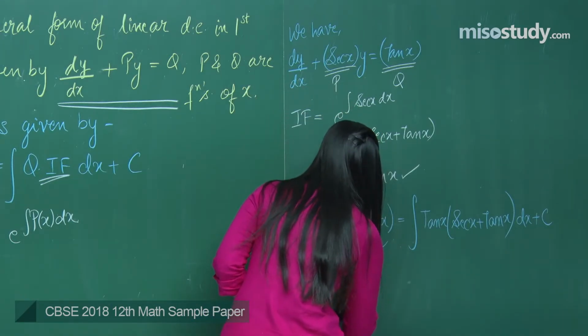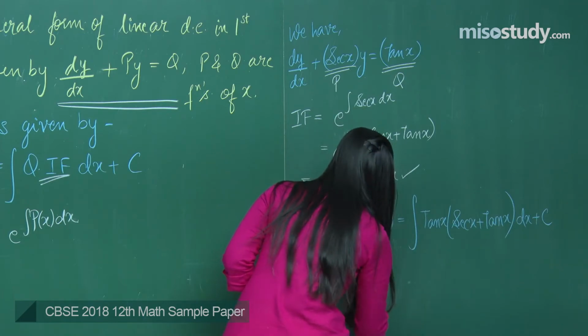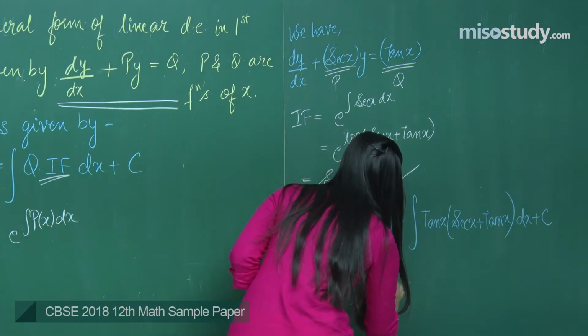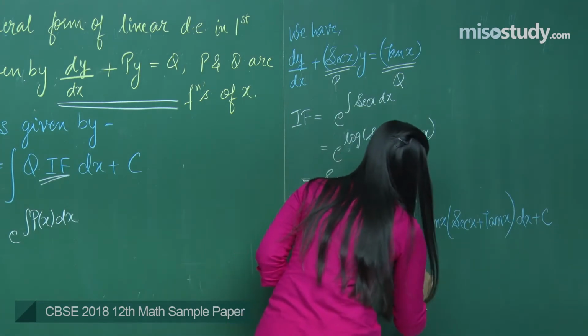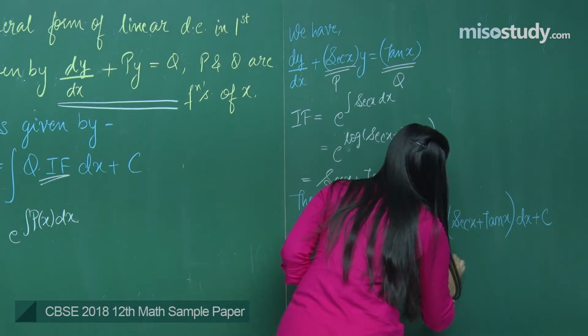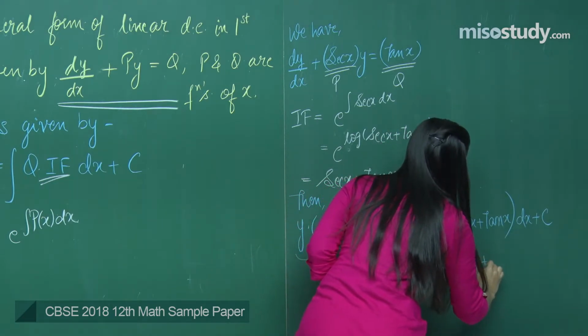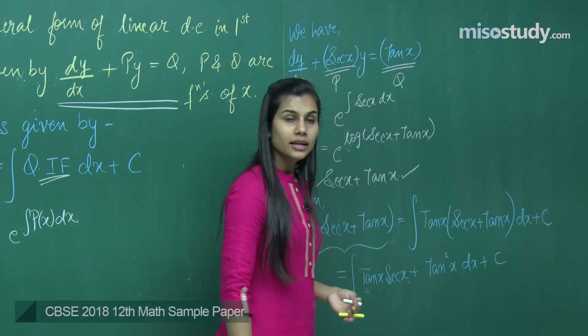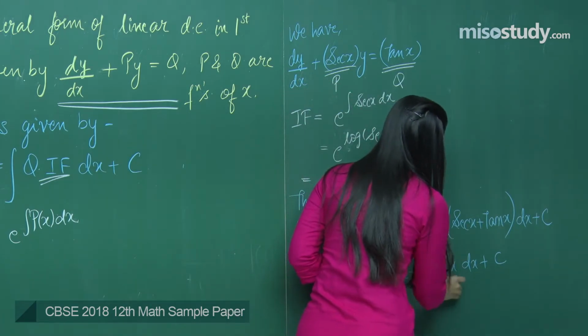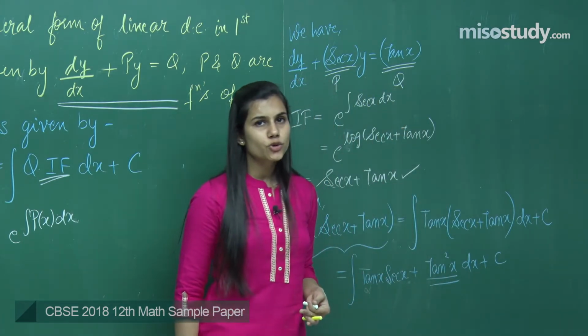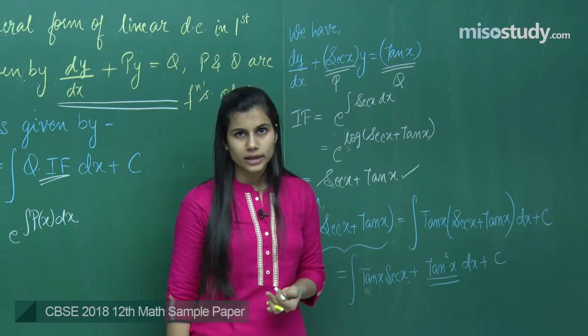Right hand side becomes integration of tan x into sec x plus tan square x dx plus c. Now I can definitely replace tan square x by sec square x minus 1. Why?